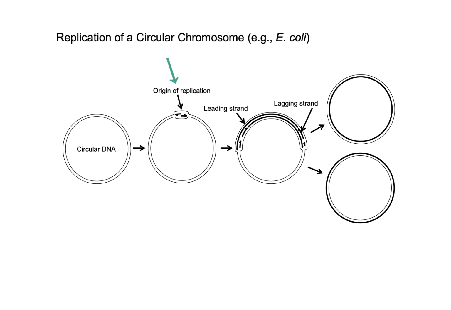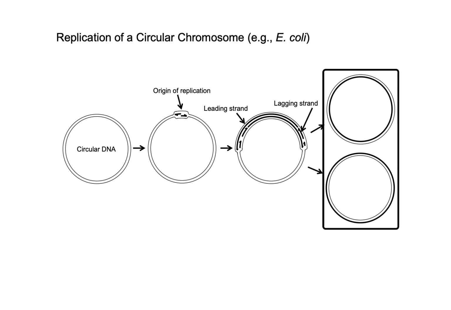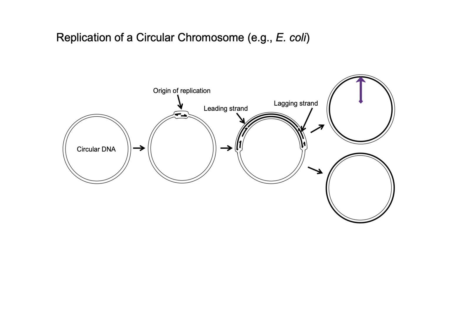You have a leading strand going around the DNA, copying one strand, and then a lagging strand going and copying the other strand of the DNA, eventually coming out with 2 new circles, one containing the new strand on the inside here and the old strand on the outside, and the other one having the new strand on the outside here and the old strand on the inside here.